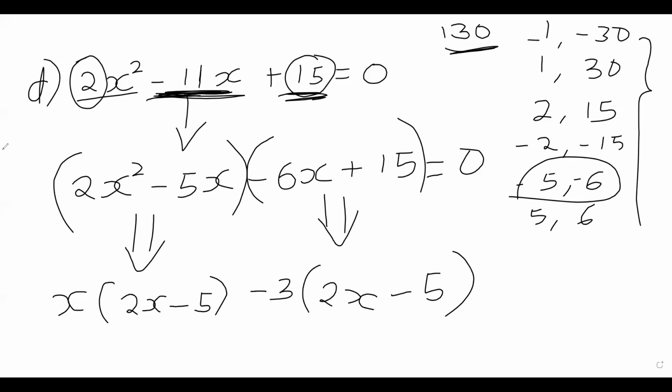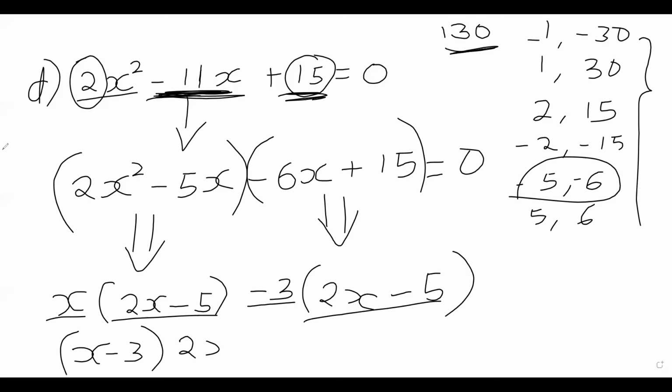So remember, we usually take this x minus 3 for our first bracket, and then we take the other bracket, which is 2x minus 5, and we equate this to 0.